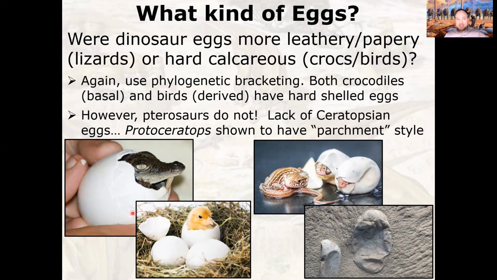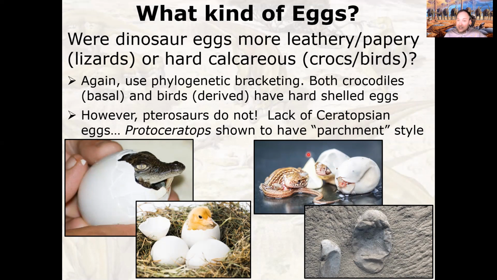However, some caveats here is that pterosaurs, the flying reptiles, remember they're not dinosaurs because of the different structures, have leathery eggs. And so this is an example of a pterosaur egg. You see the surface of the egg is kind of squished in without breaking. And so they have these kind of papery, leathery, parchment style eggs.